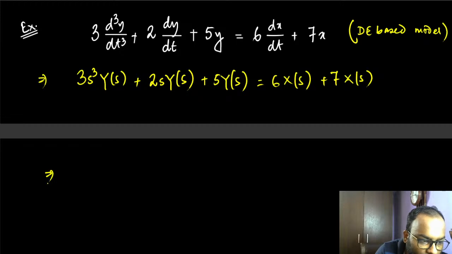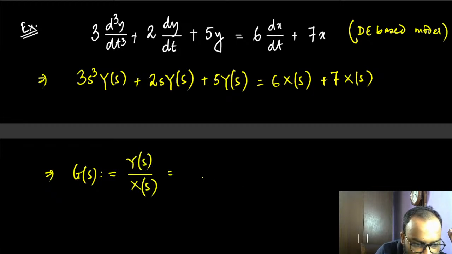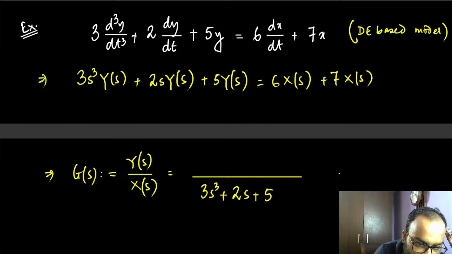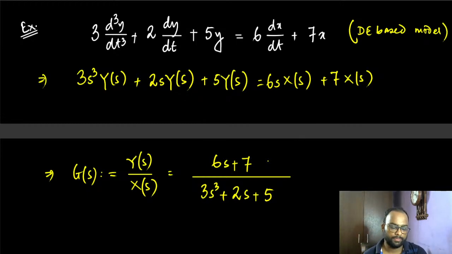And from that, we can say that the transfer function of the system, which is the ratio of the Laplace transform of the output to that of the input under zero initial conditions, is going to be (3 s cube plus 2s plus 5) over (6s plus 7). All right, so that's going to be the transfer function of the system.